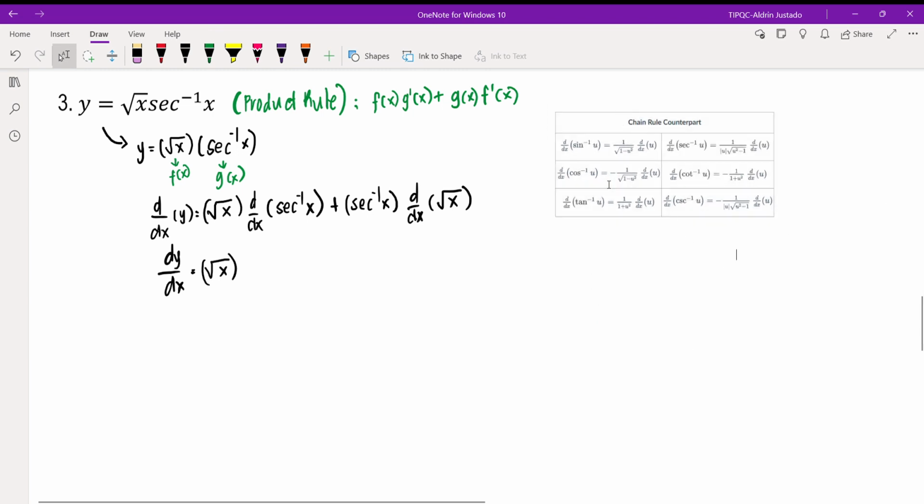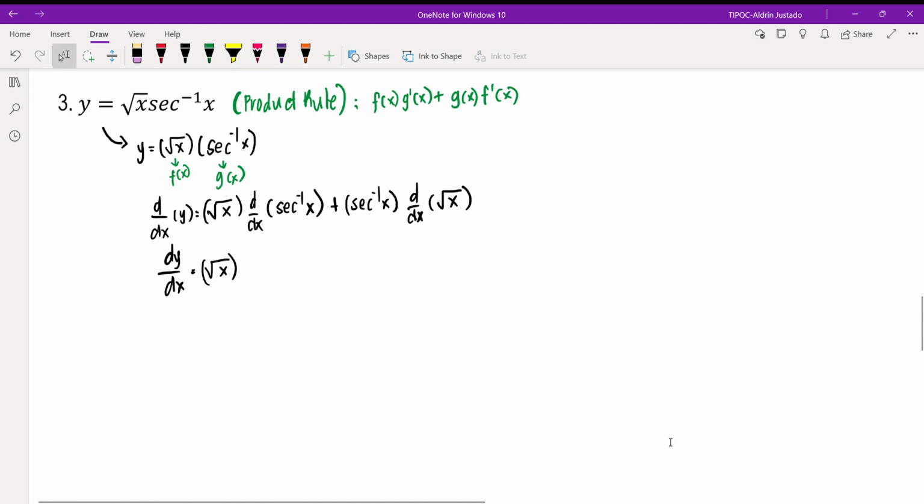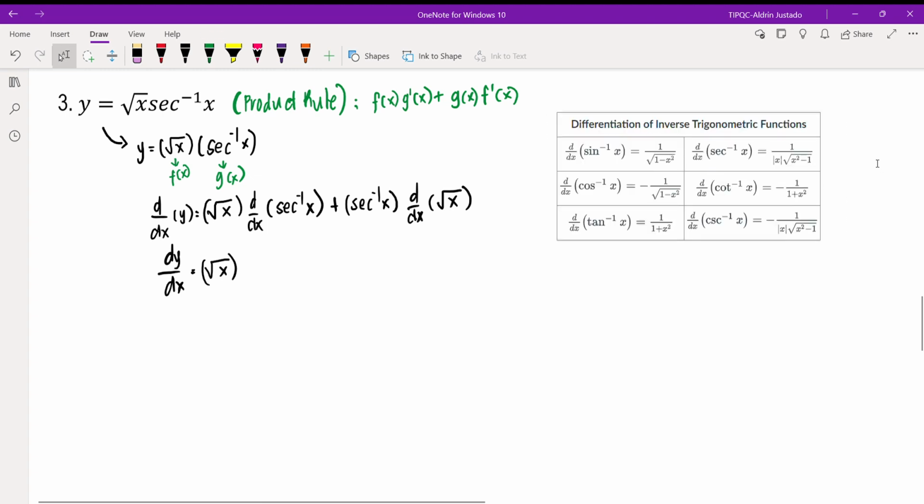Derivative of your secant x, nasaan yun? Dun tayo sa inverse trigonometric functions. Ito. Ayan. So, your secant x derivative, ito.